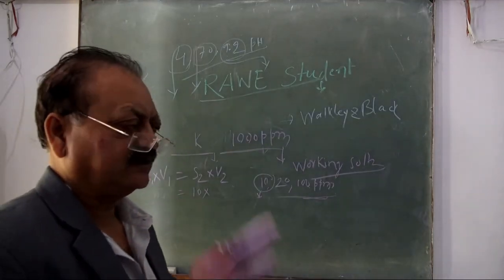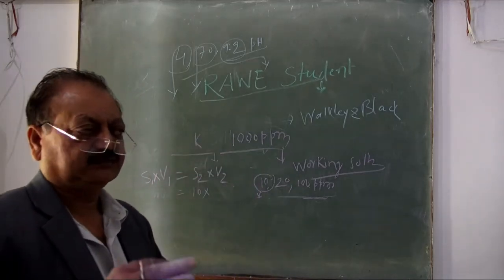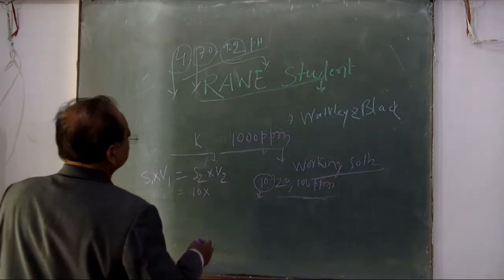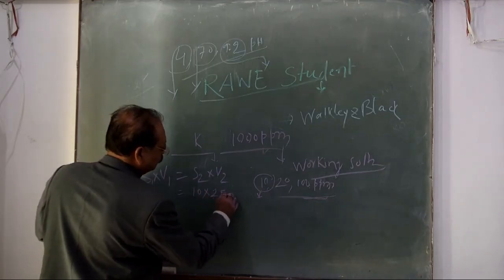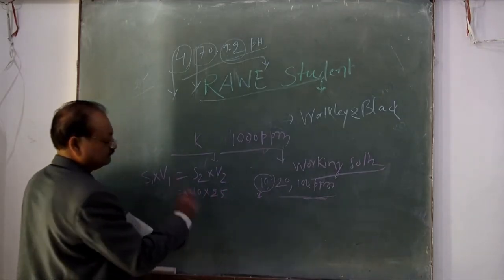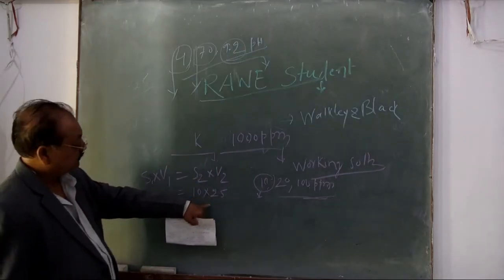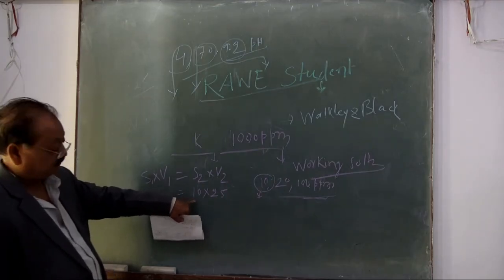If you require 100 ml, prepare 100 ml. If you require 25 cc, prepare 25 ml. Let's suppose you require only 25, so put 25 here. This V2 you have to prepare.